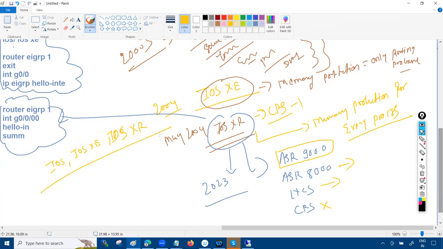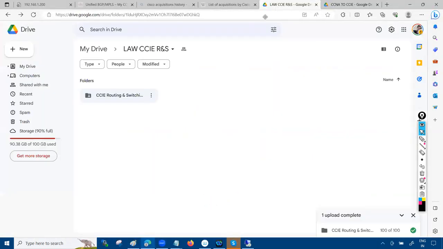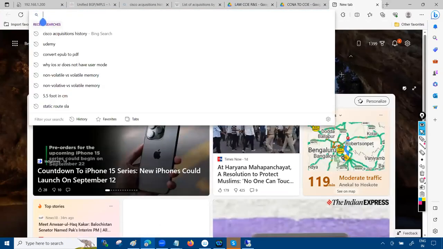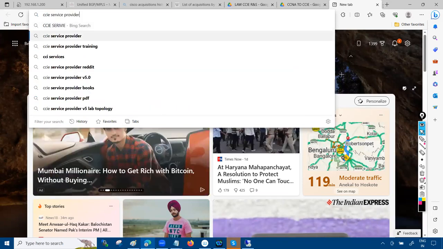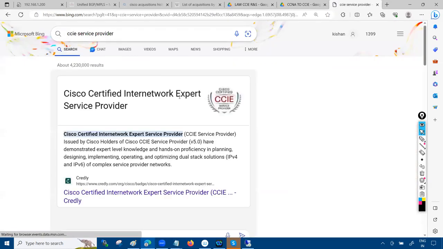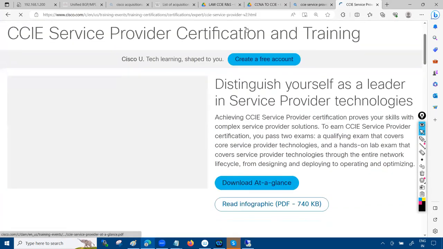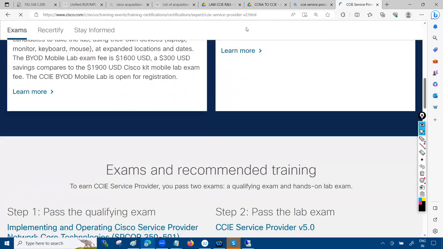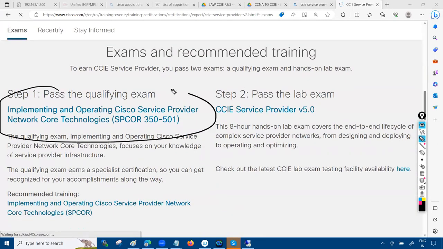What we are going to learn, we are going to complete all this part, service provider. So we are going to cover this exam, this paper, or this paper too.